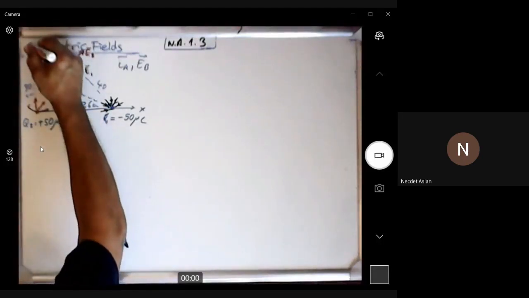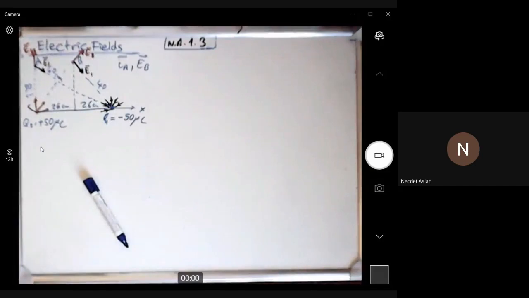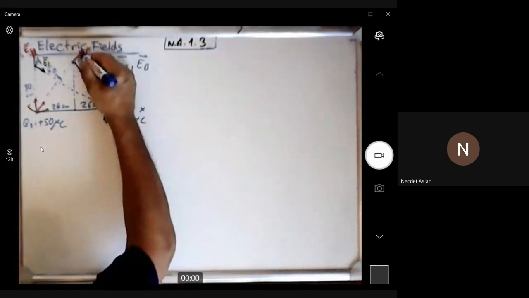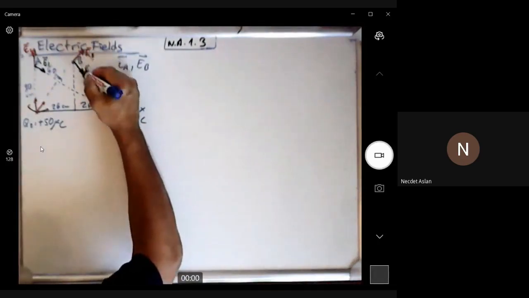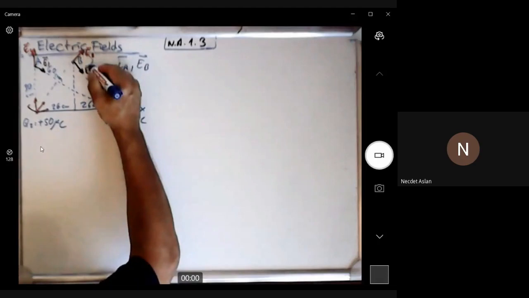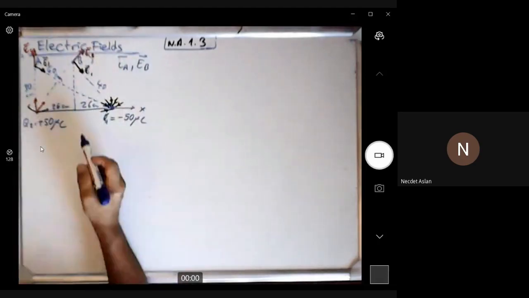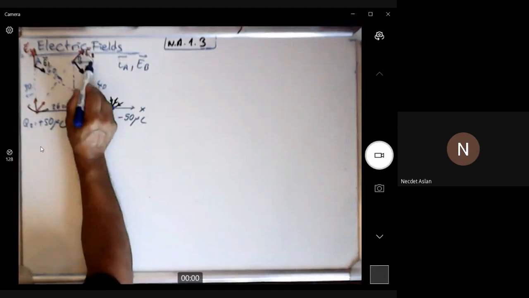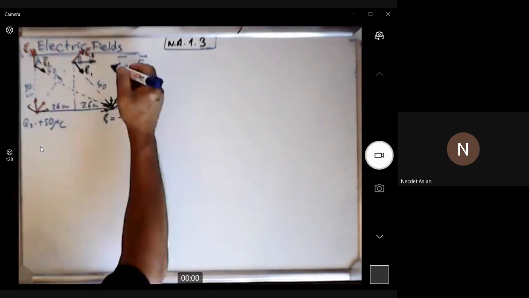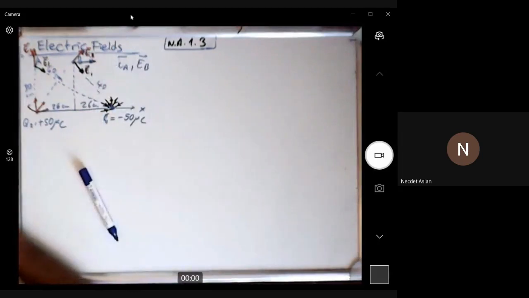So this is E2. Now the vector combination of these two will give you the resulting electric field. This is simpler because the lengths of these electric fields are going to be the same, because not only the charges but also the distances are the same, because this is an equilateral triangle, so the electric field at point B will be totally in the x direction.